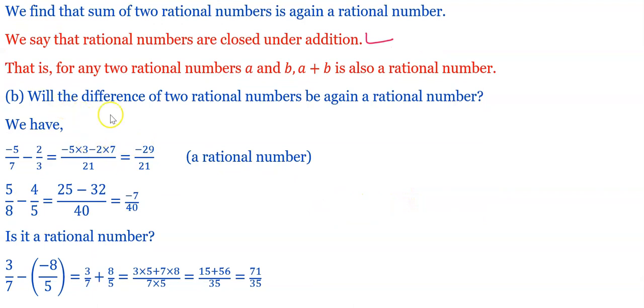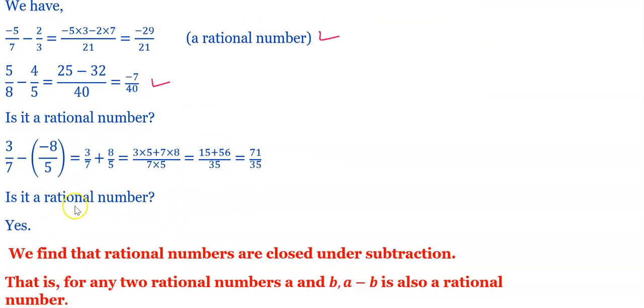Next, will the difference of two rational numbers again be a rational number? See here, -5/7 minus 2/3, and if you take the cross multiplication, you will get -29/21. This is a rational number. 5/8 minus 4/5, their subtraction is again a rational number.